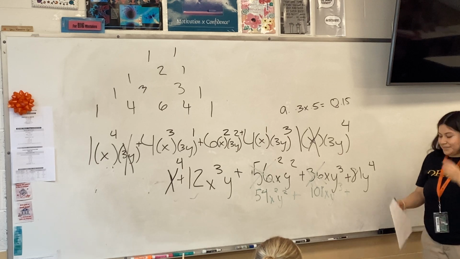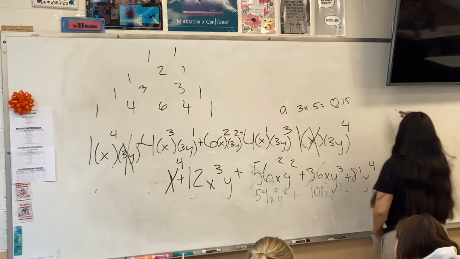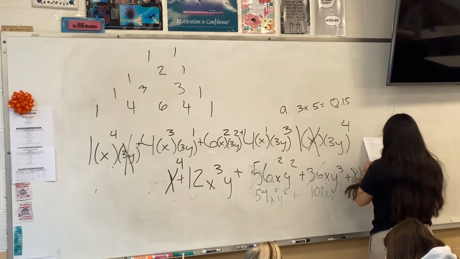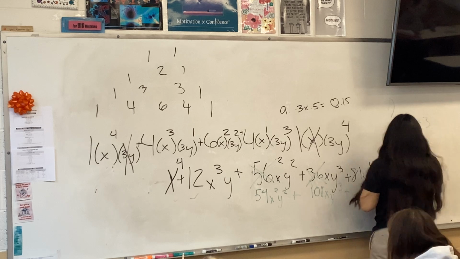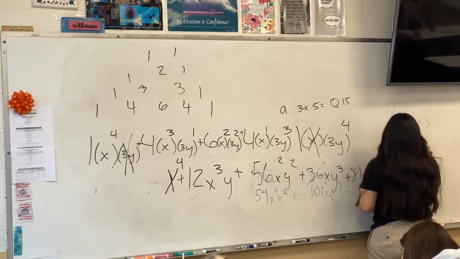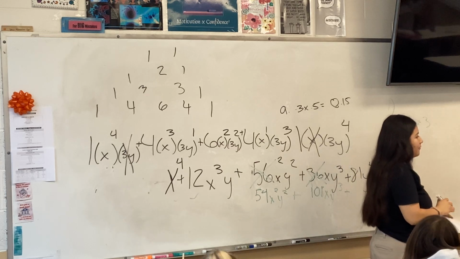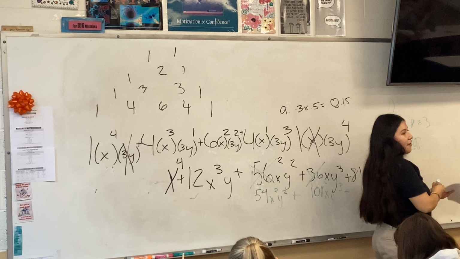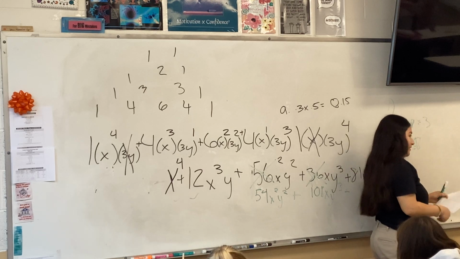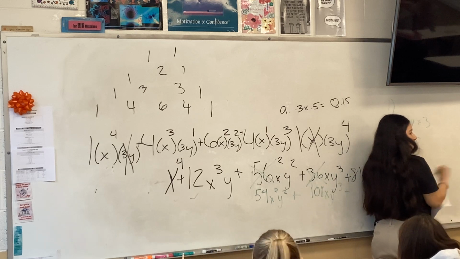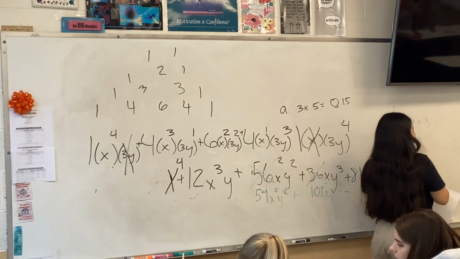Okay, Vanessa, which one are you doing? Number 7. For number 7, you multiply 12 times 8 times 3, and that gives you 288.